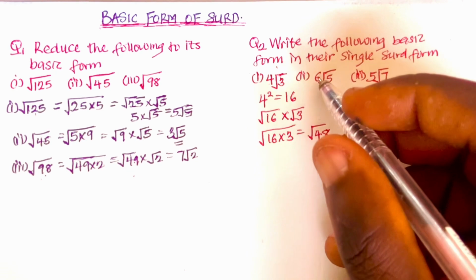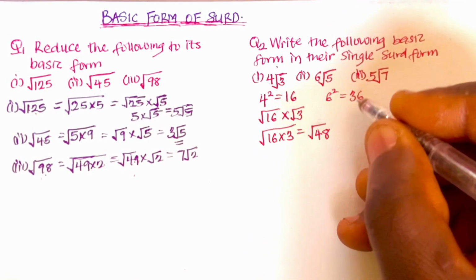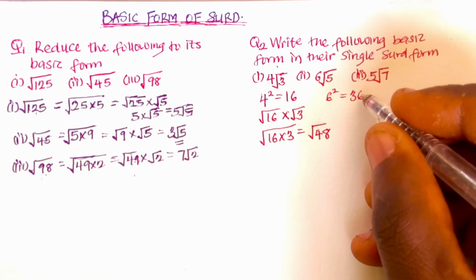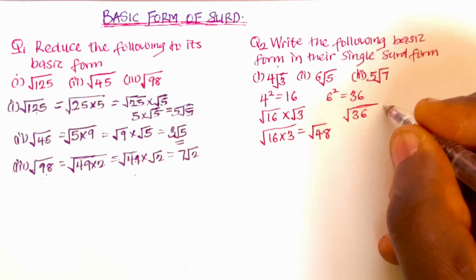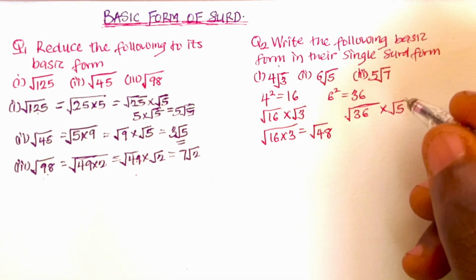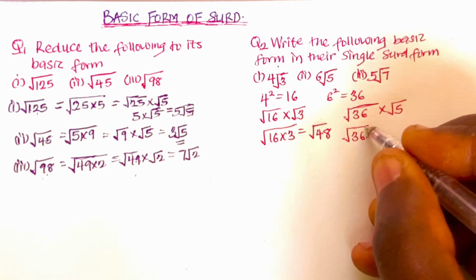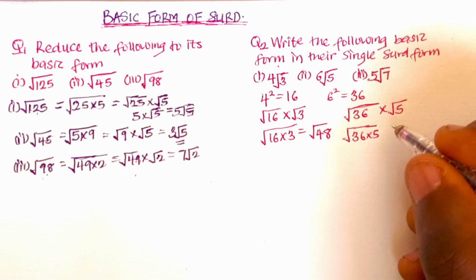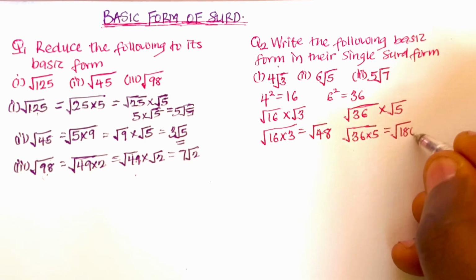Now the second one, you do the same thing. 6 squared is 36. So it's going to be root of 36 multiplied by root of 5, that's root of 36 multiplied by 5, which is root of 180. So that's it.